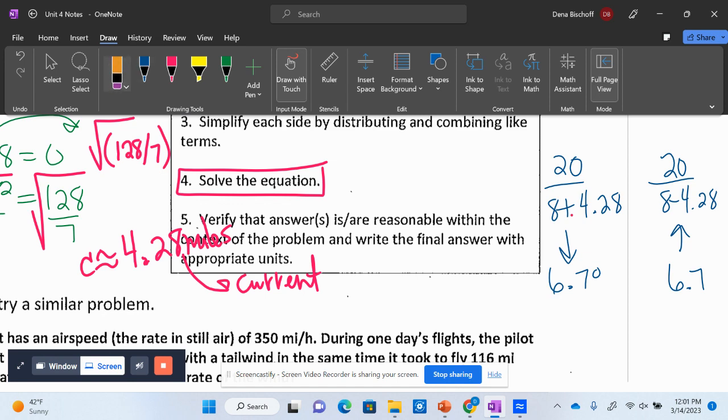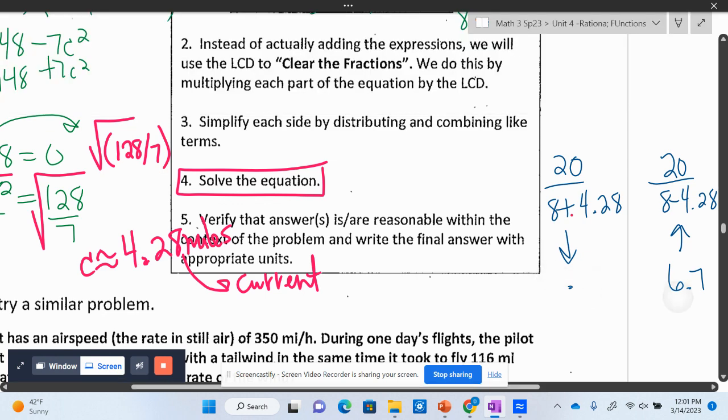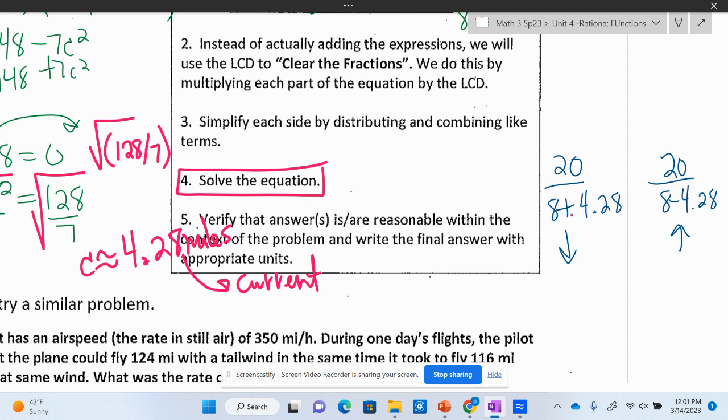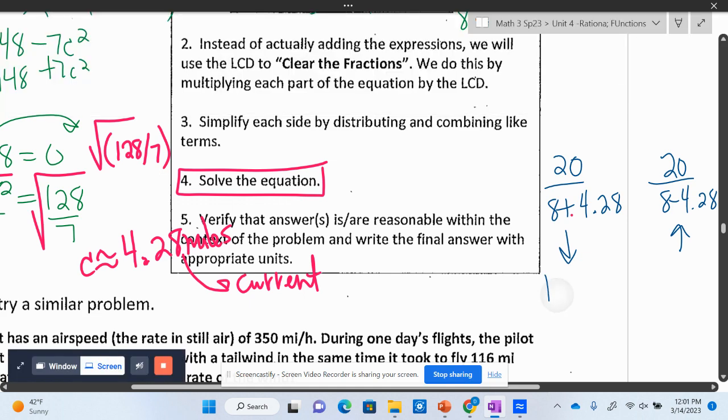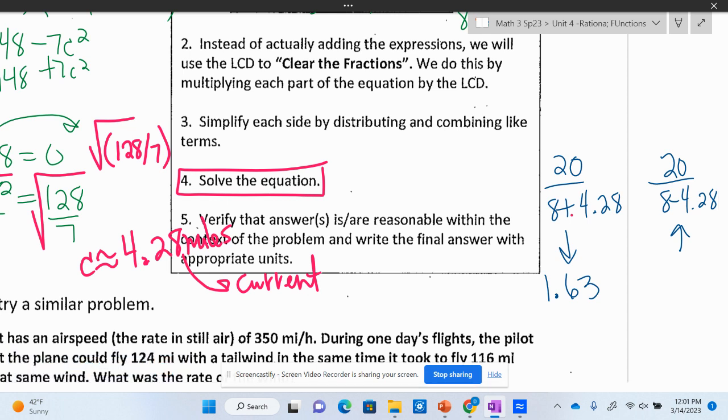Here's what I want you to do: take the number 20 and divide it by 12.28, because that's what 8 plus 4.28 is. Yeah, 1.63. And then 20 divided by, this becomes 3.72. 20 divided by 3.72 is what? We'll say 5.37.